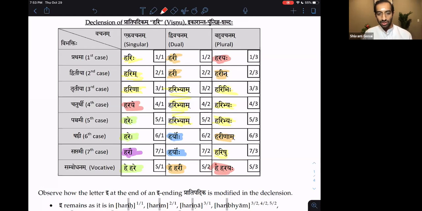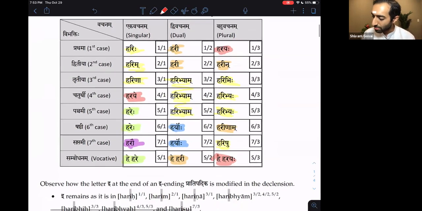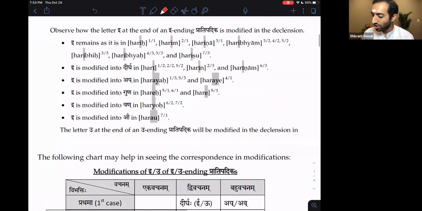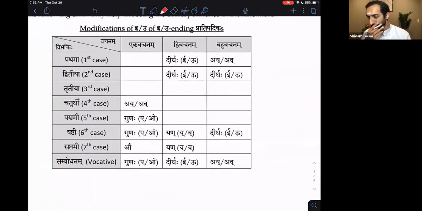You see some that guna in 5161 Sambodhana 1. Right? And so there's some patterns. And so you can see that here in this chart also. And here it's laid out nicely, right? Where all those patterns take place.